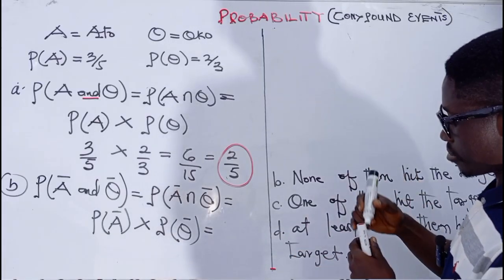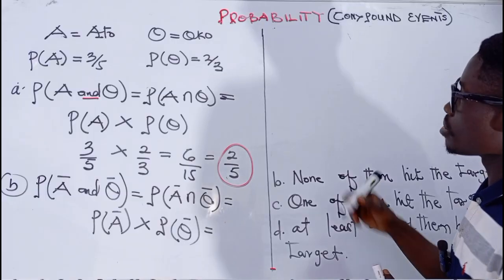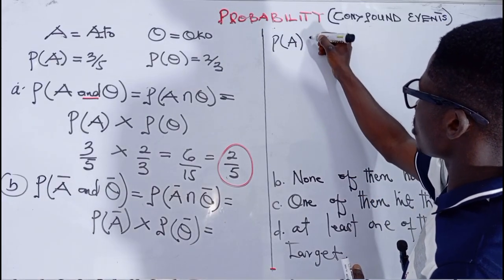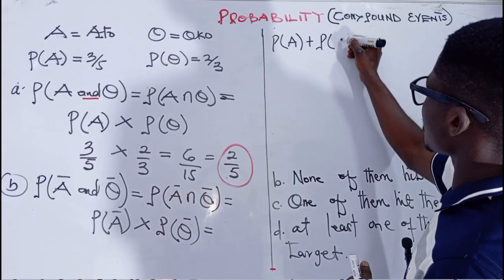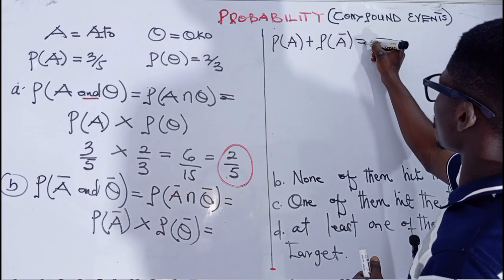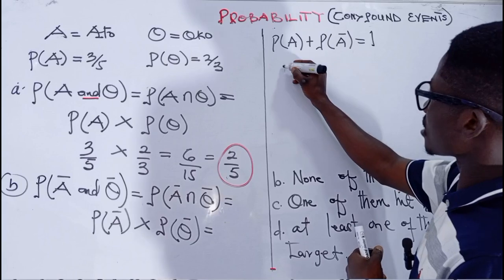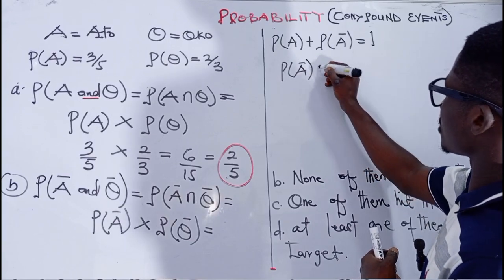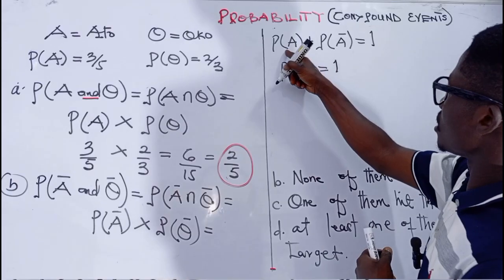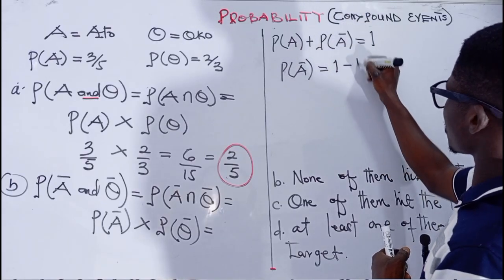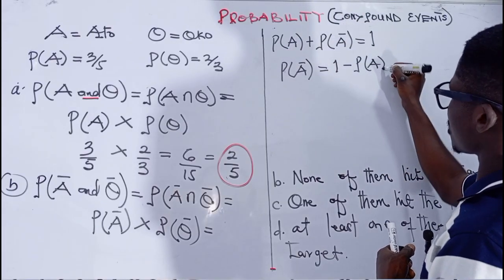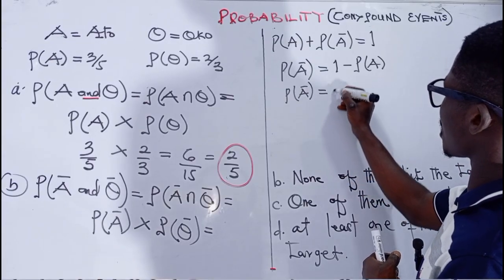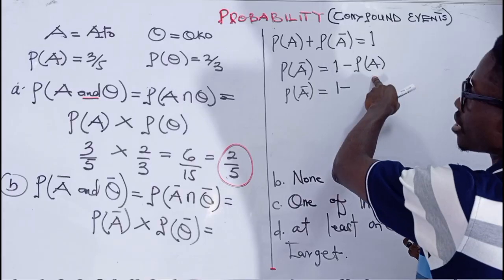So we know that from the complementary rule, the probability of an event occurring, let's use Ato, plus the probability of that event not occurring should give us what? 1. So from here, you can say that the probability that Ato was not able to hit the target will be given as 1 minus this.